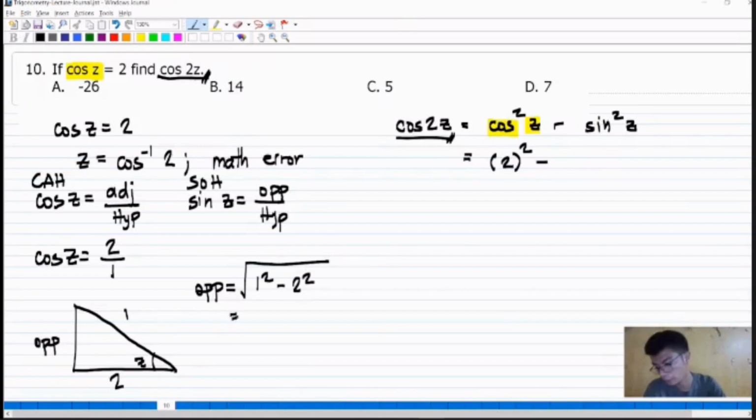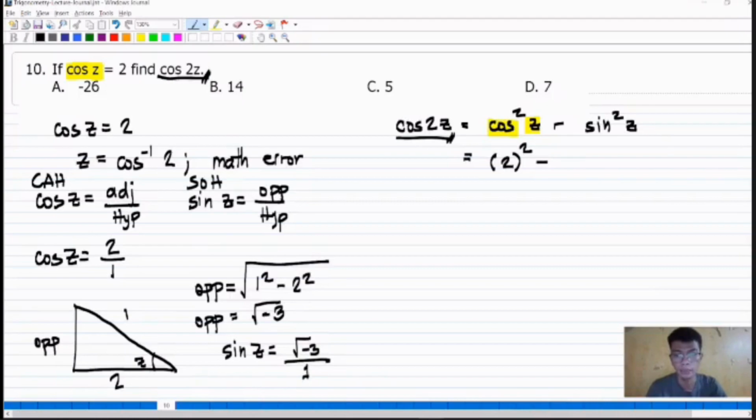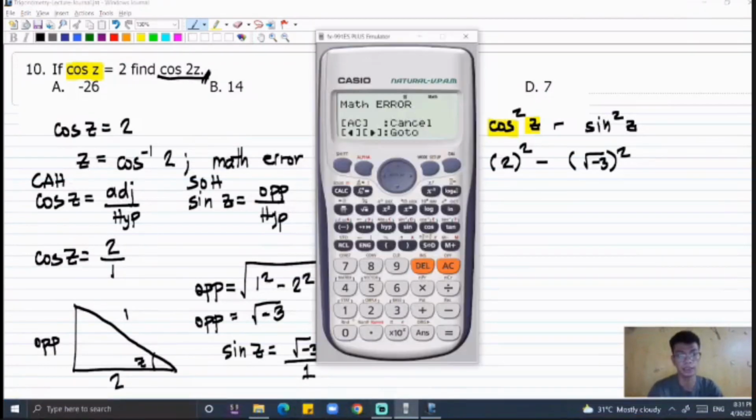Ano ba ang magiging answer natin dito? 1 minus 4 or square root of negative 3. Tama? So, yung sine z natin is square root of negative 3 over 1, so simply, square root of negative 3. Tapos, naka-square siya.